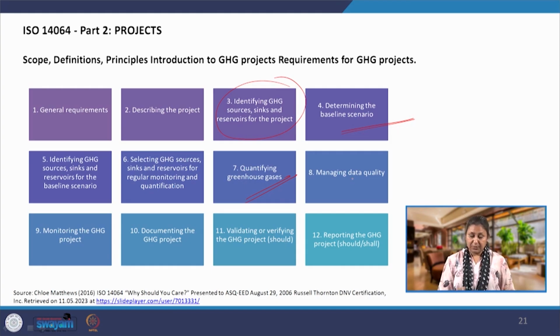The next step, which we have to have in the project, is managing the data quality. So, how are we monitoring it? Monitoring and verifying, this is the measurement and verification protocol, there is a proper protocol we have to follow. How do we measure?